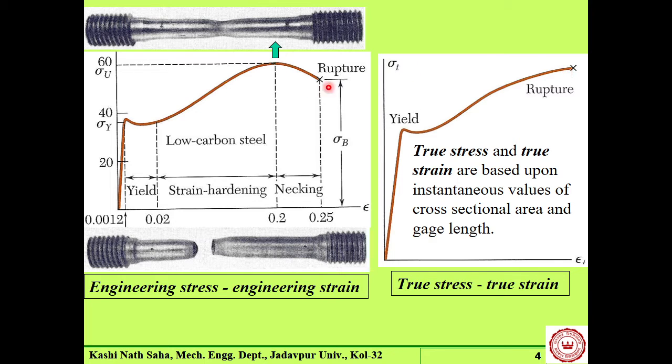But as there is an appreciable reduction in diameter, in this region we get this drooping nature. If the observation was made based on the current diameter, we will get this type of diagram. Okay, that's clear.